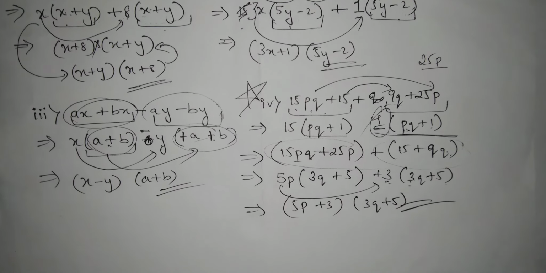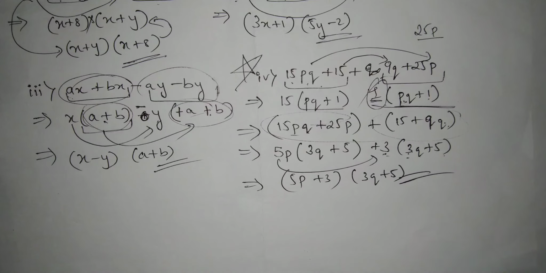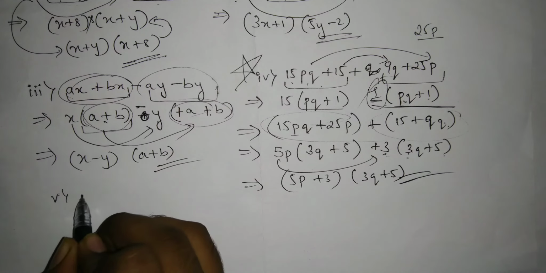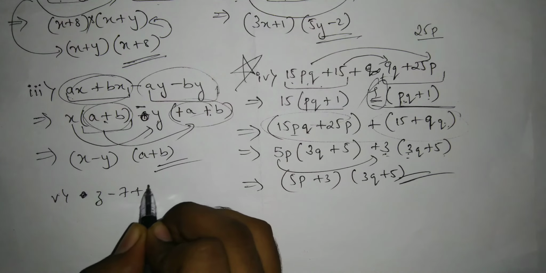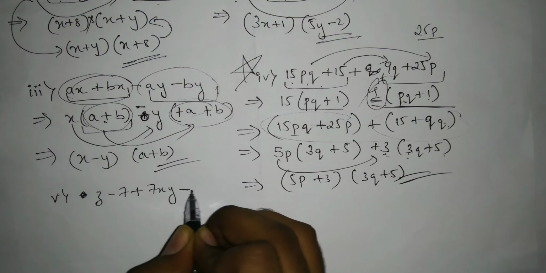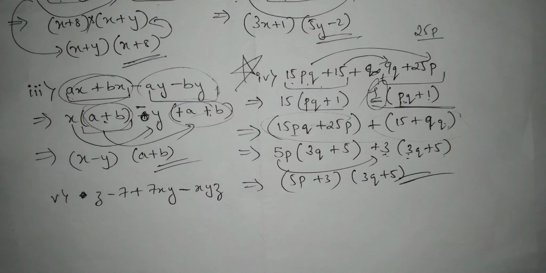Proceeding to the last and final part of the question, that is the fifth part. The question is xz minus 7 plus 7xy minus xyz. Okay, so which terms should I take?